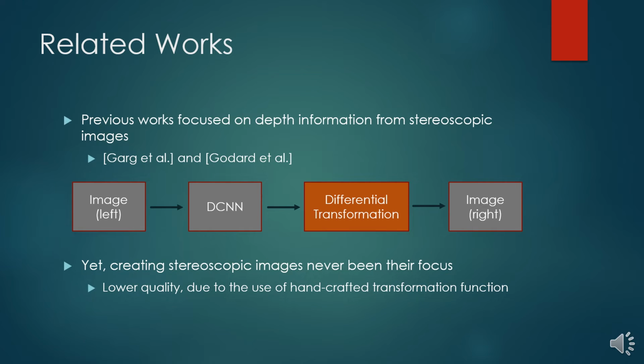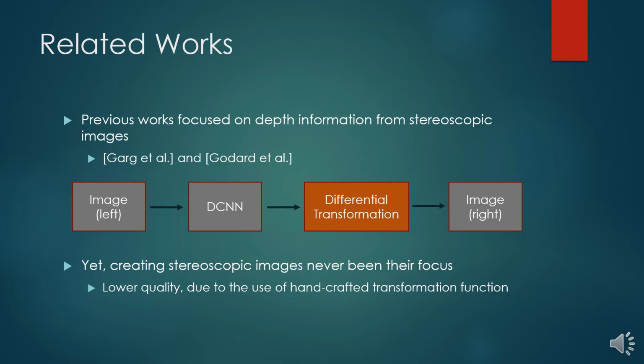There are several related works that have focused on creating depth information from stereoscopic images. For example, here we have Garg et al. and Goddard et al. Both of them propose a module called differentiable transformation.